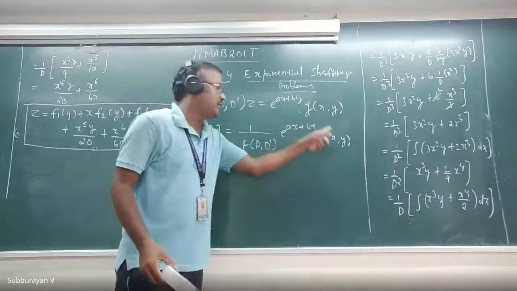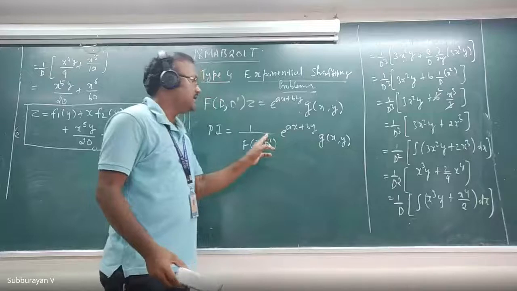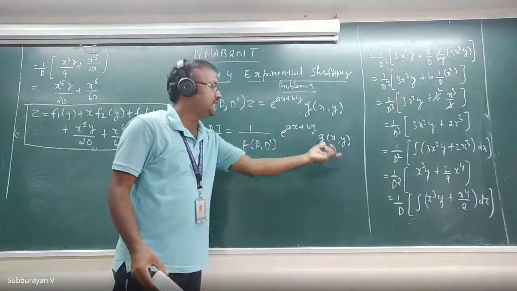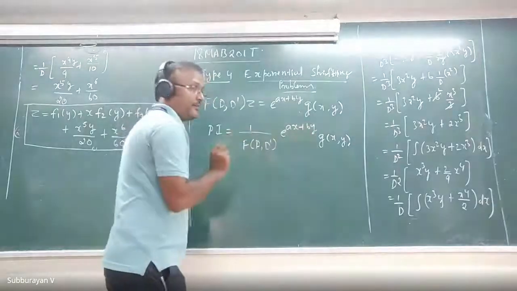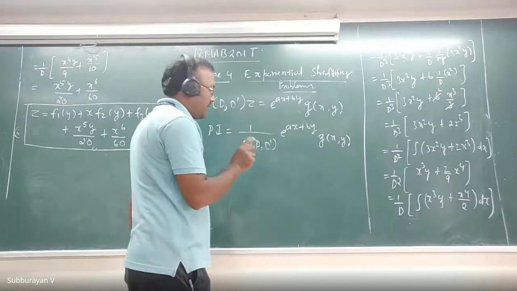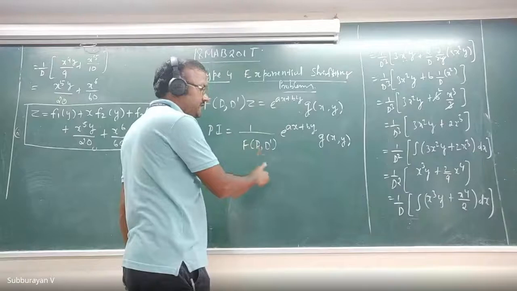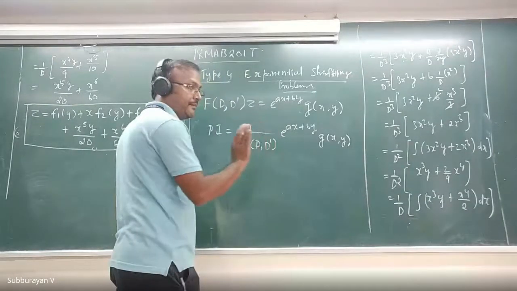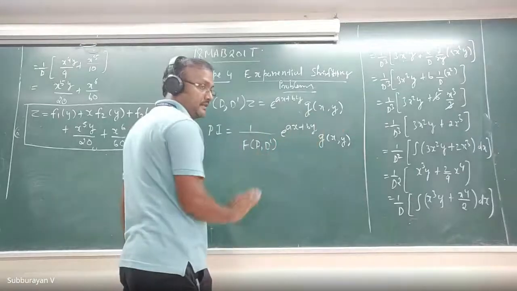To find the particular integral for this function, you transform the operator from D to D plus a and D dash to D dash plus b. That is called shifting, shifting from origin to some other origin, some other position.